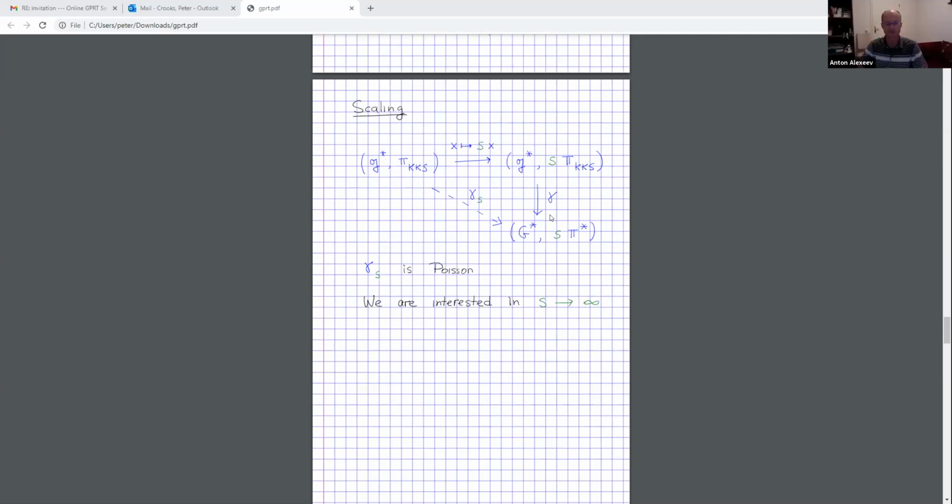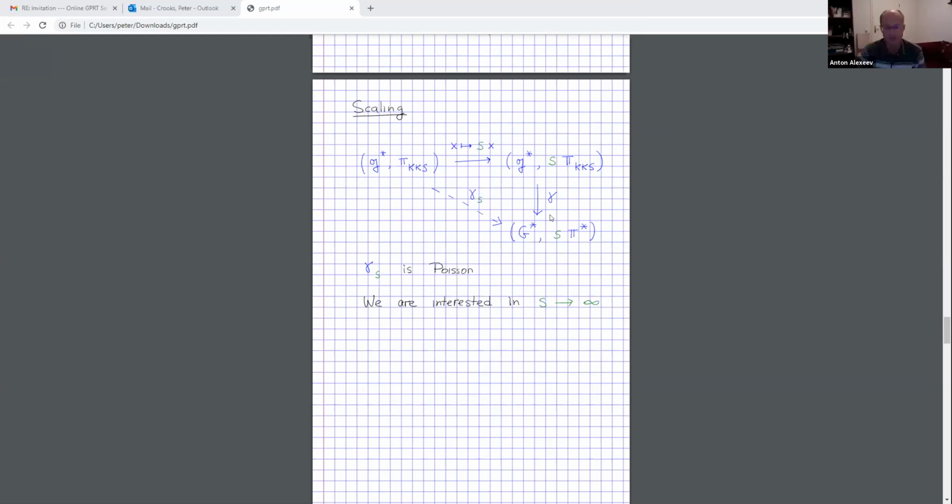So there will be some number of observations that we're going to use. The first one is a very easy one. Let's call it scaling. As I said, the Poisson-Lie bracket on small g star, this pi KKS, is linear.